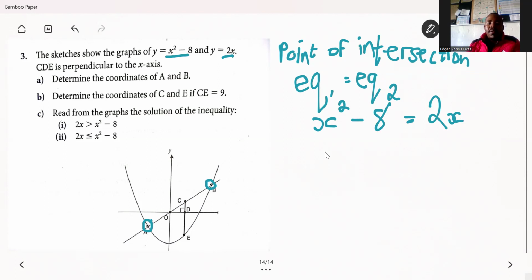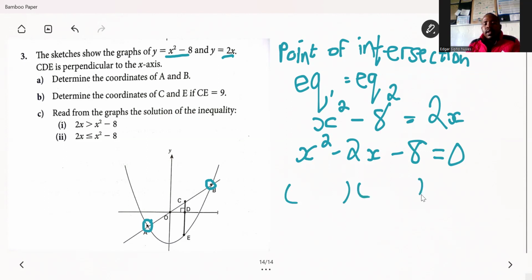Now we have to solve for x here. So this, you should realize, is going to be a trinomial. So we need to put it in standard form. Now, in order to solve this quadratic equation, we must factorize. We factorize, we get this.